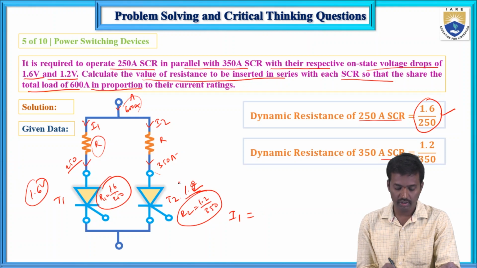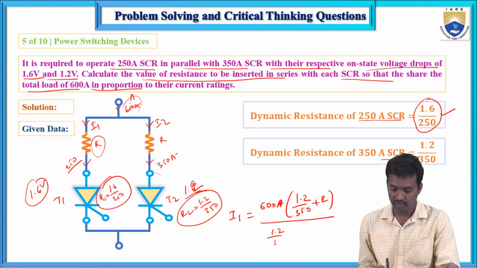So this current equals the total current, 600 amperes, into the opposite branch resistance, which is 1.2 by 350 plus R, divided by the total resistance, 1.2 by 350 plus R plus 1.6 by 250 plus R, and that equals 250. This is equation number 1.